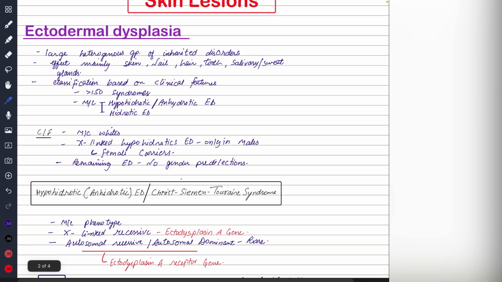See, ectodermal dysplasia, as we know, is a group of disorders. It's not just one single disorder. It has more than 200 disorders.